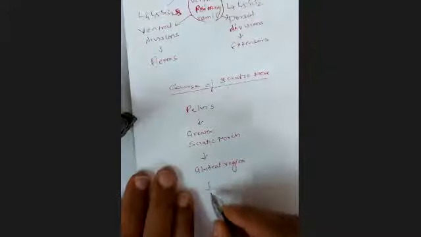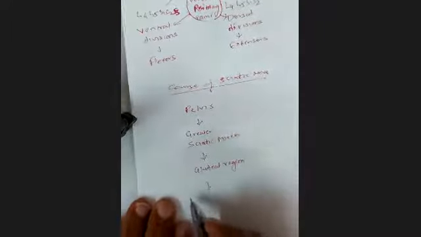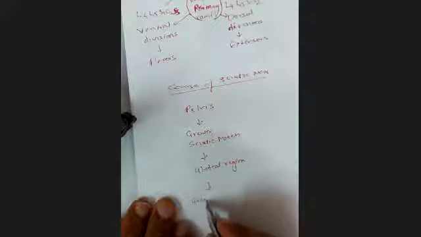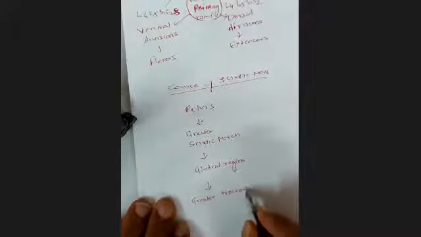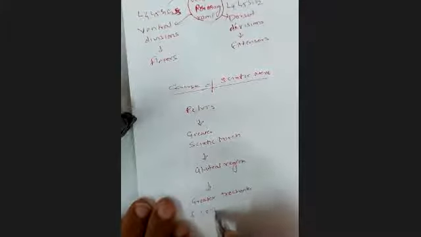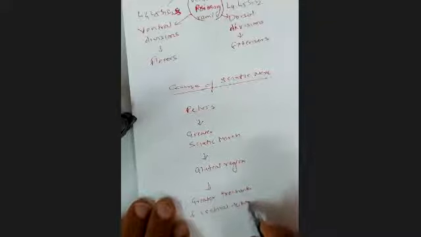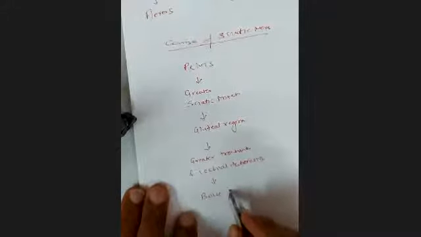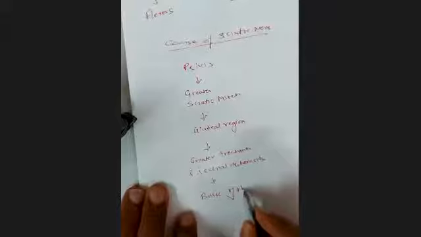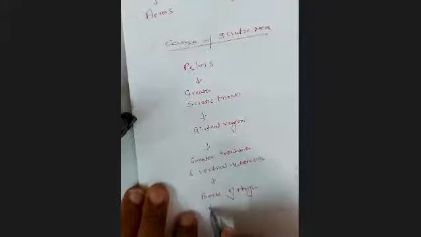Then it leaves the gluteal region by passing between the greater trochanter and ischial tuberosity. And after doing that, it enters the back of thigh, or the hamstring compartment.